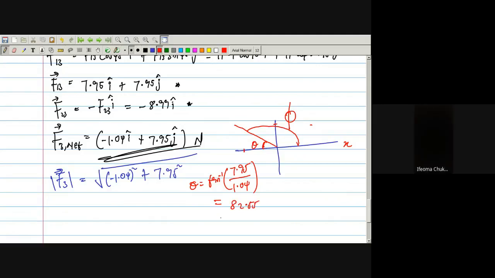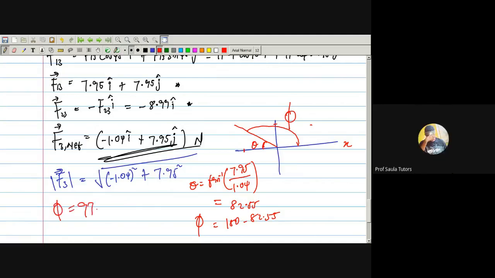So the angle that is needed is the one making the positive x axis. So it will be 180 minus 82.55. What do you have? 97.45 degrees with the positive x axis. So that's how to do it.